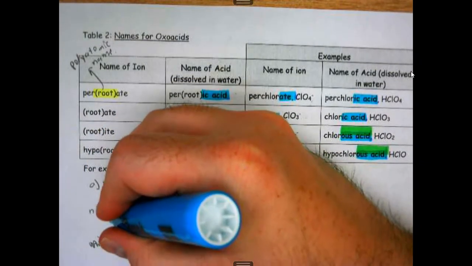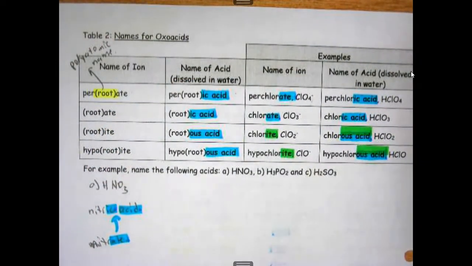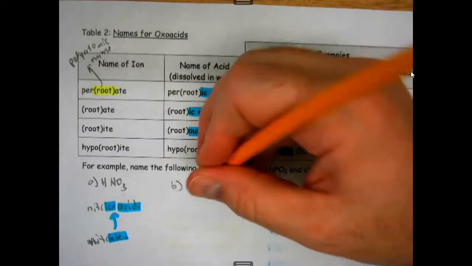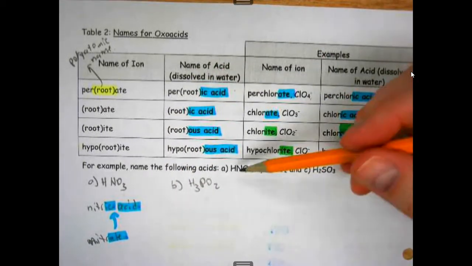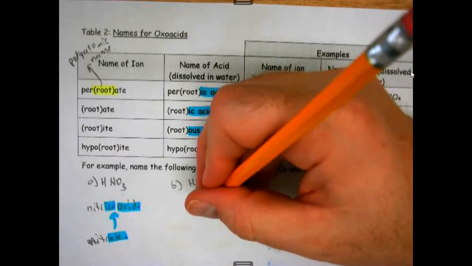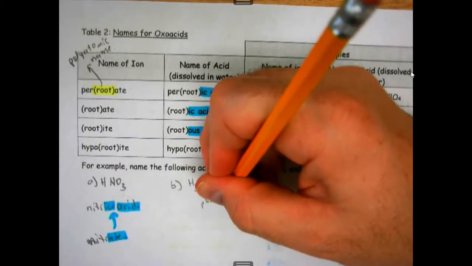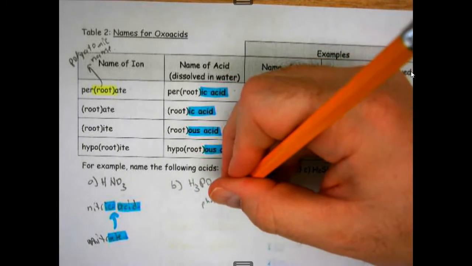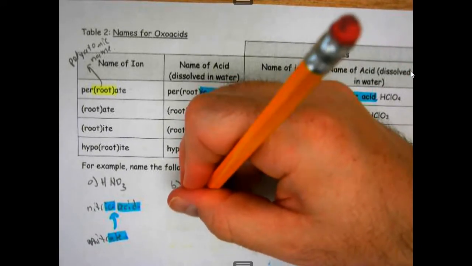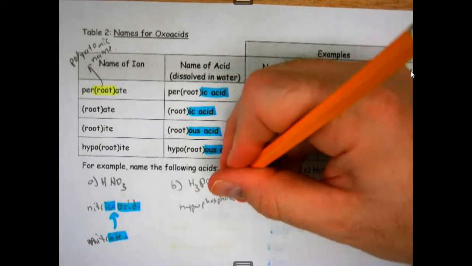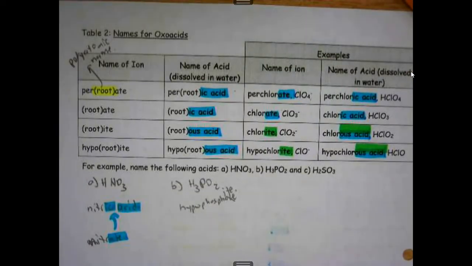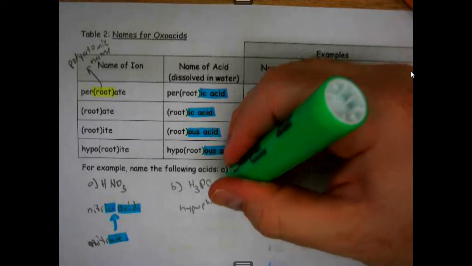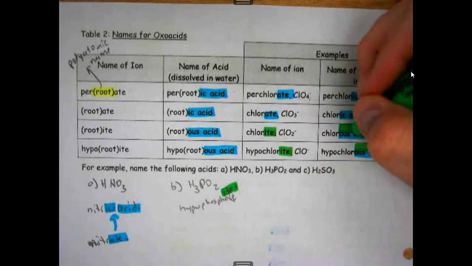So ates become ic. Okay? If we look at H3PO2, this is 2 less than a phosphate, so it's actually hypophosphite. And because I have an ite, it's going to become an ous.